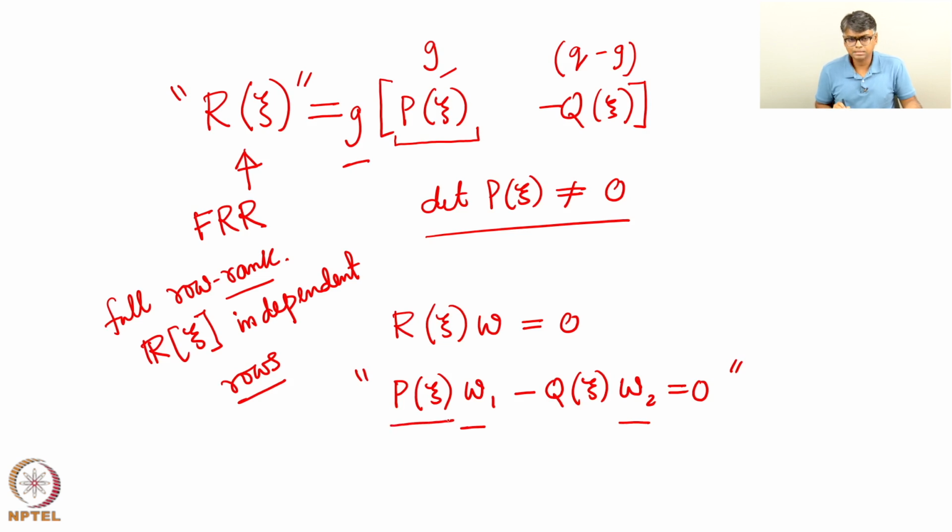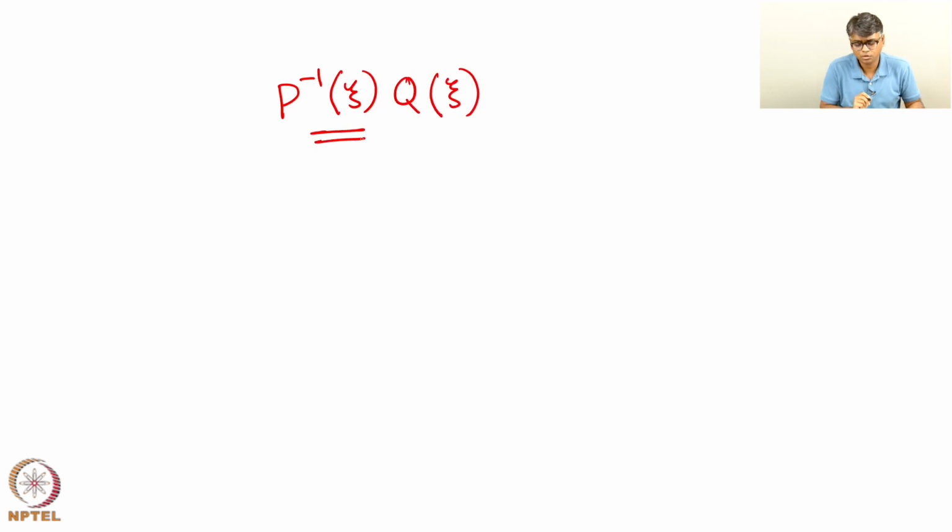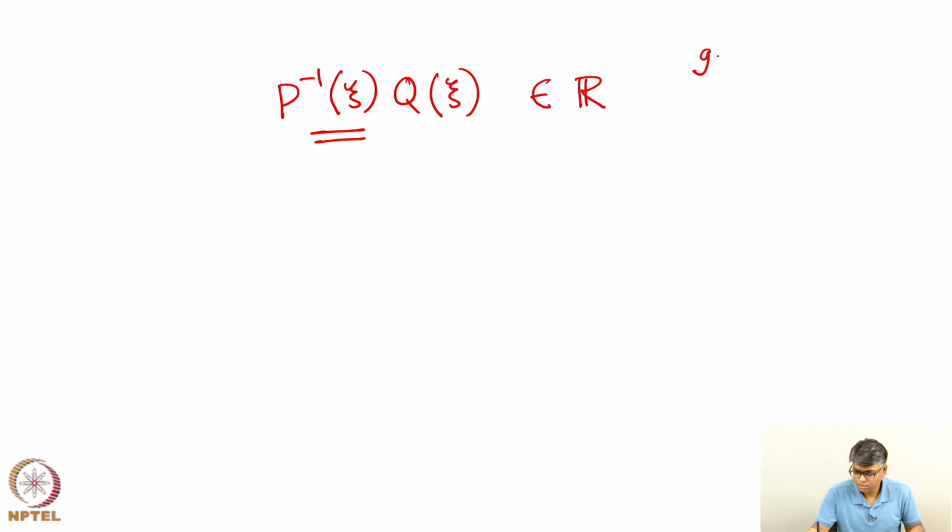And it follows that there is this transfer function matrix P inverse(ξ) Q(ξ), which is guaranteed to exist because P(ξ) determinant is non-zero. So here is this matrix of size g cross q minus g, whose entries are rational functions. So this is the transfer matrix.